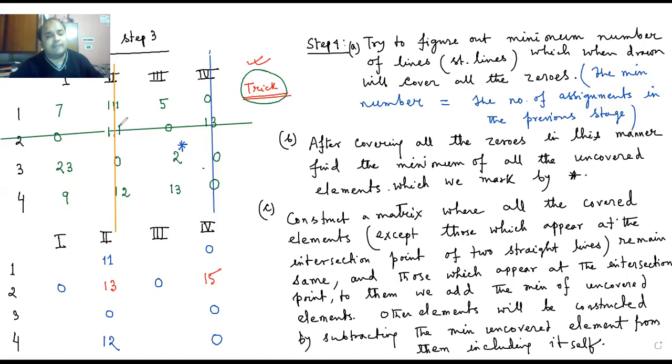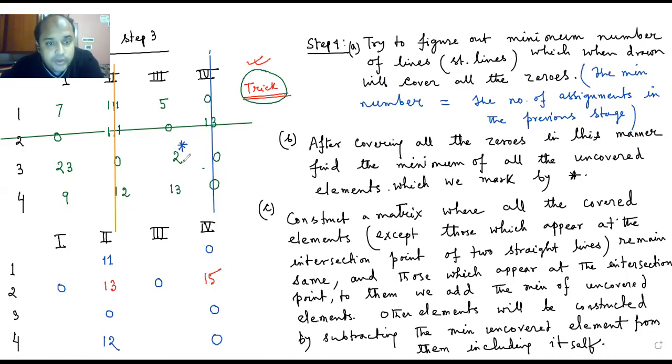So let us make them non-zero, no problem. But the number of zeros has to be present over there, and I don't want to make a zero element to a non-zero element. So this is my trick.